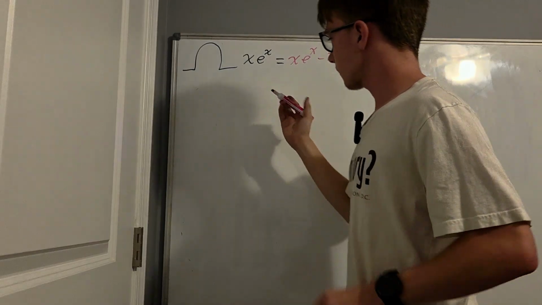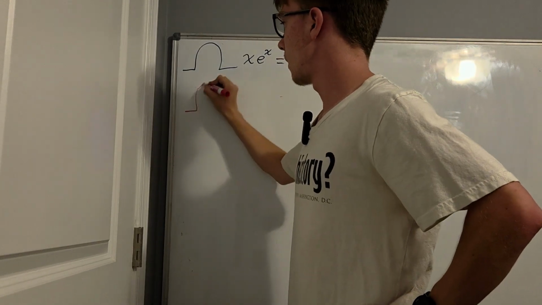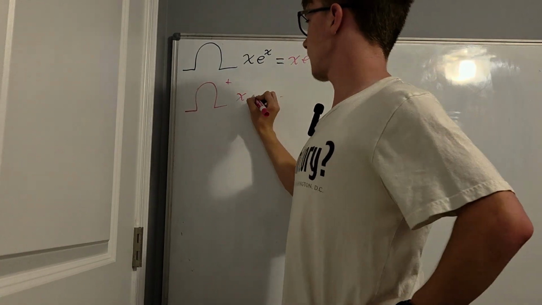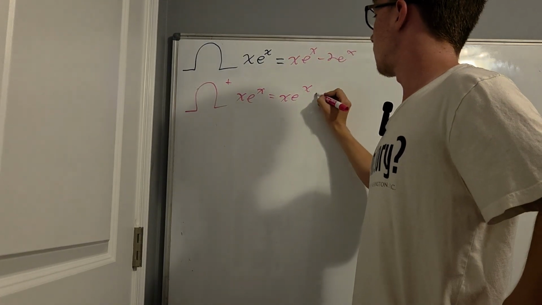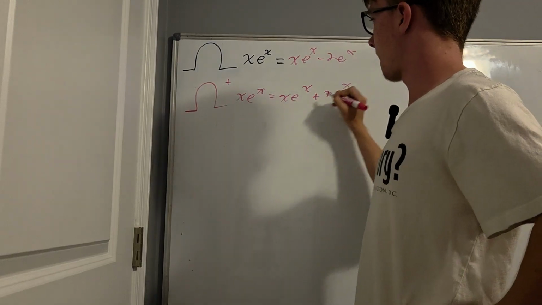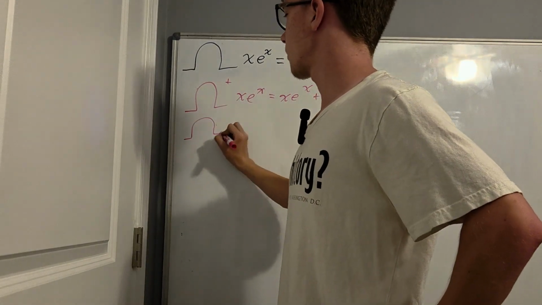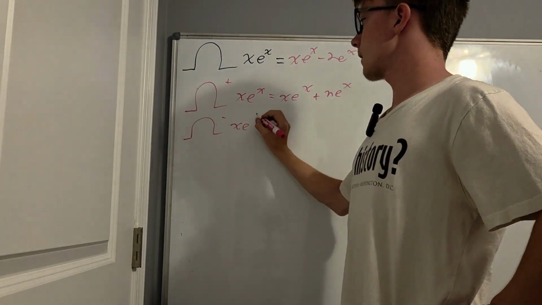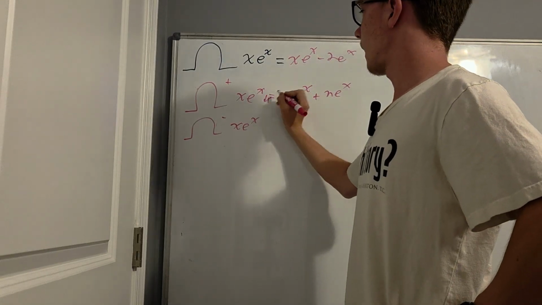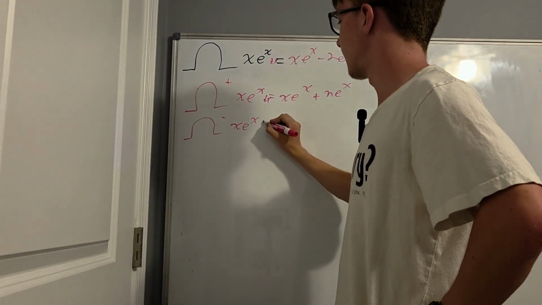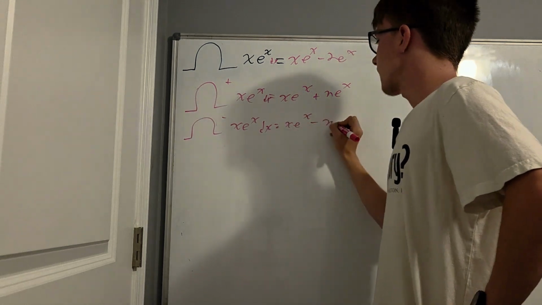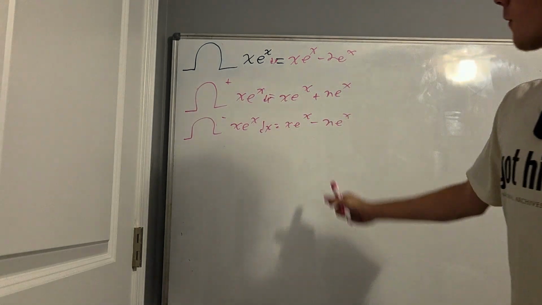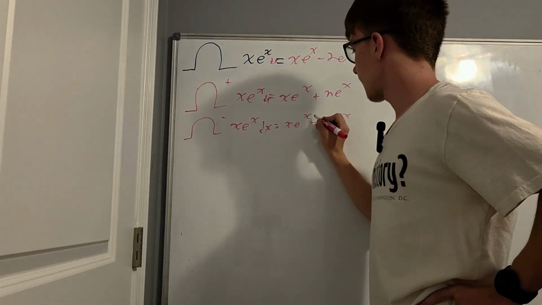So I got the nth positive derivative of x e to the x is going to equal x e to the x plus n e to the x, right? And the nth antiderivative of x e to the x, I keep forgetting these dx's, is equal to x e to the x minus n e to the x. Now remember, if we flip this sign, what's that going to become?